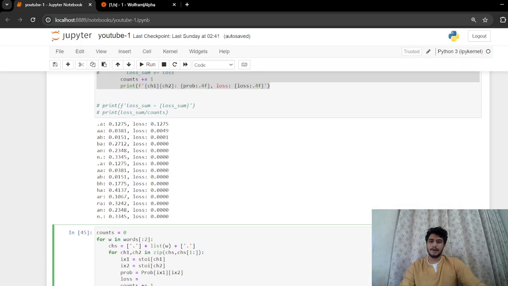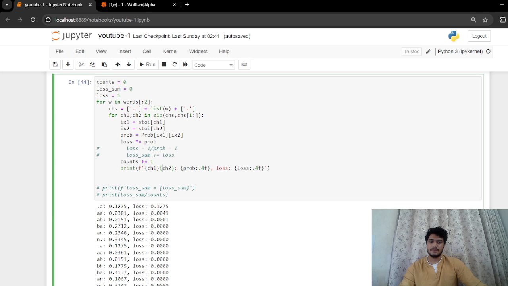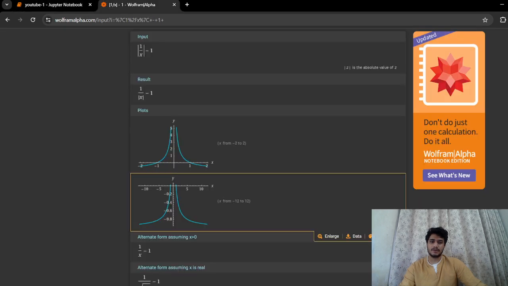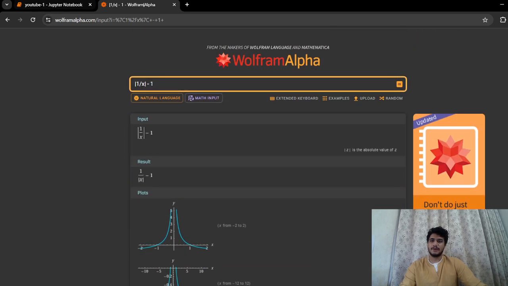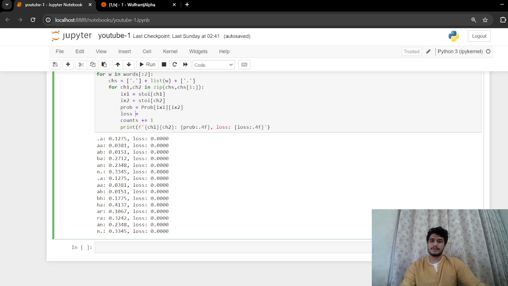So in the above thing, 1 over prob minus 1 actually is a good loss for a single example, and this is the ideal behavior we want for loss. So now what we are going to do here is numpy dot log of prob.